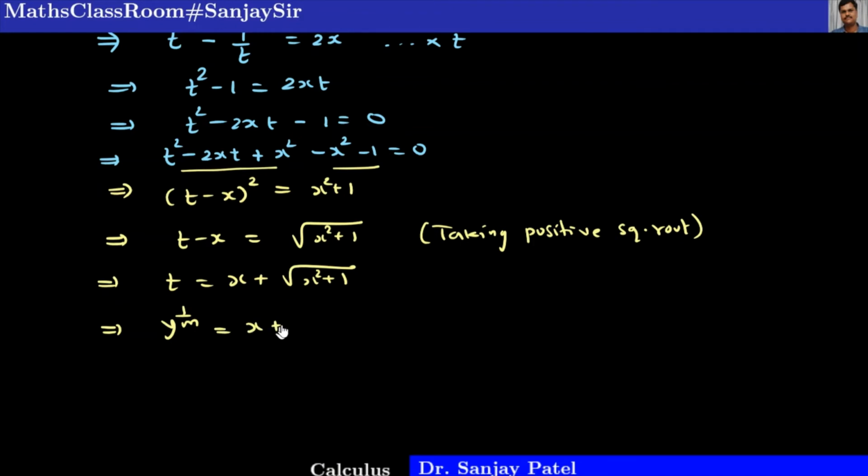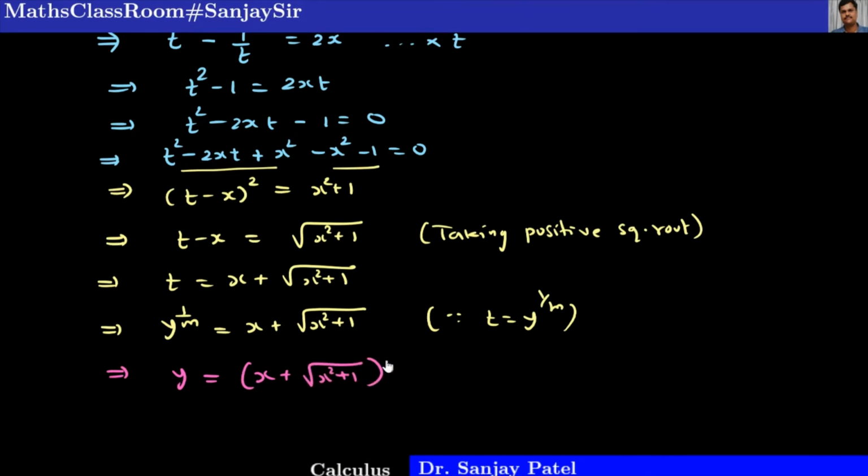So t is equal to y raised to 1 upon m, and by taking the mth power on both the sides, we can write y is equal to x plus square root of x square plus 1 whole raised to m.